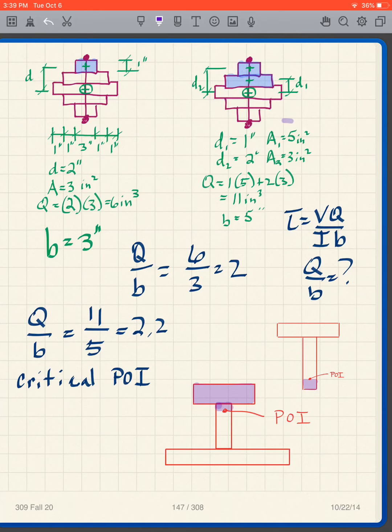You can do this for both areas, and you get D1A1 plus D2A2, and I end up with a Q of 11 cubic inches.